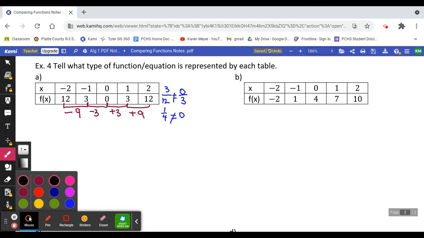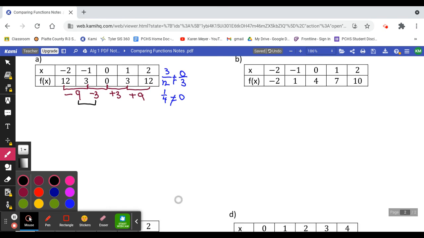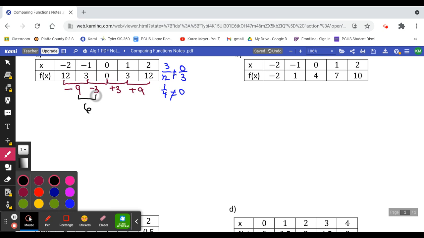Now, quadratic says, go ahead and tell me the second difference. We did the first difference already. We got -9, -3, +3, +9. That's my first difference. So let's do second difference. Okay, I want to go from -9 to -3. So I'm going upwards 6 spaces.